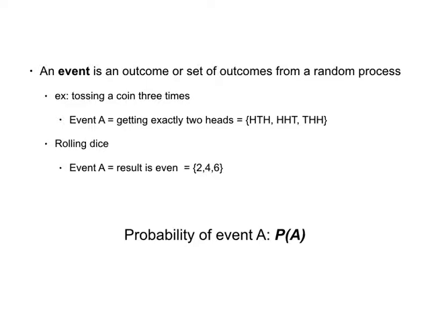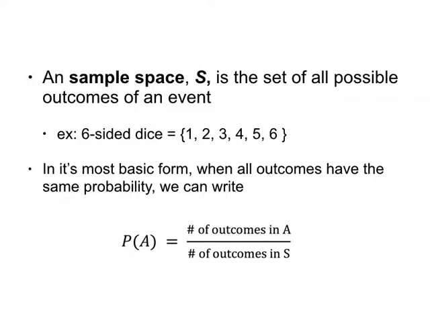We consider probability of an event as the total number. I probably have this in the next slide. Yeah, okay. We write the notation like this: the probability of event A. So event A could be something like getting exactly 2 heads. We would denote that probability with this notation, P of A. Or if the event is rolling an even number, we would denote that P of A. And of course, the formula for that is the number of outcomes that fit event A over the total number of outcomes.